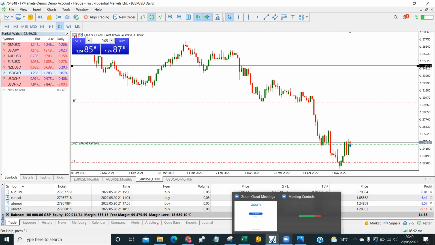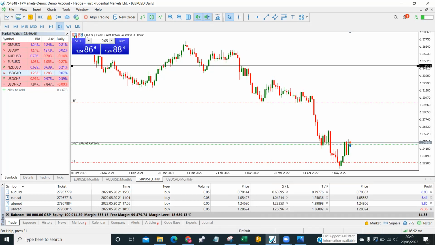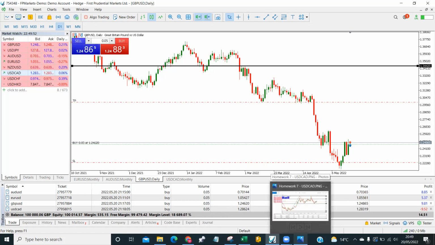But if we did 0.01, that would be 10 pounds, or could be 5 pounds in terms of the risk. But we won't be really doing it like that. For now, you're going to be doing 0.01. That's the level that you'll be doing on the real account.